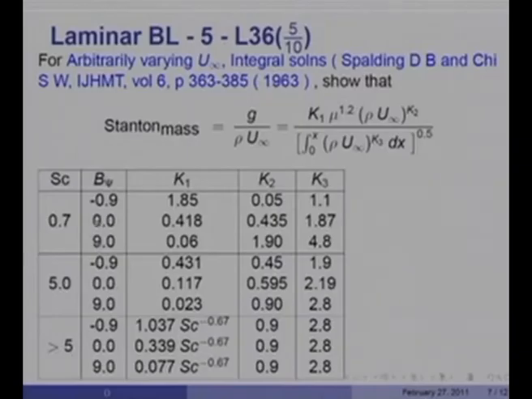In each case B psi equal to 0 of course means no mass transfer, B psi equal to minus 0.9, B psi equal to plus 9 and so on, and the K1, K2, K3 are given here. These are simply to be used if needed for calculating the mass transfer coefficient G, but the B values must be converted to B psi first, as we demonstrated in the previous slide.